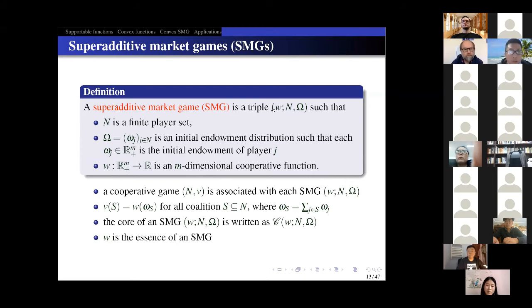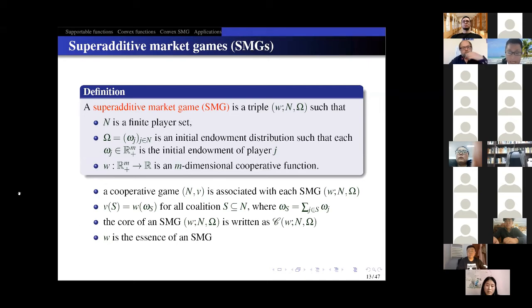And from this superadditive market game, we can have a cooperative game very easily. For each coalition S, v(S) is simply defined as W(ω(S)), where ω(S) sums up all the ω_j for players j in the coalition S. Because W is superadditive, the most efficient way for them to cooperate is to pool their resources together.